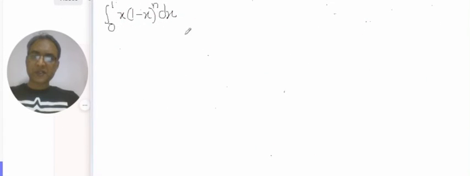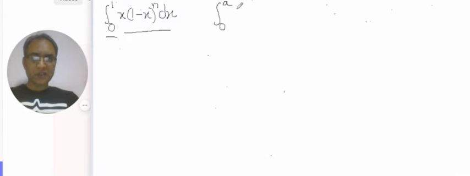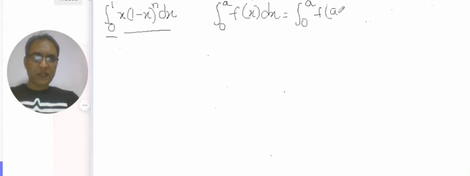The next question is the integration from 0 to 1 of x into (1 minus x) to the power n dx. Now, students, in order to solve this question, we must know a property of definite integrals. The property is, if a definite integral is of this form, integration 0 to a f(x) dx, then it can be written as integration 0 to a f(a minus x) dx.